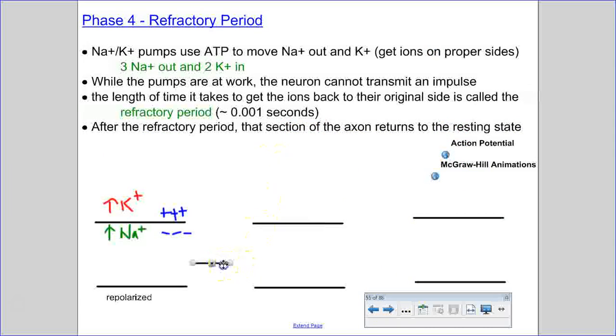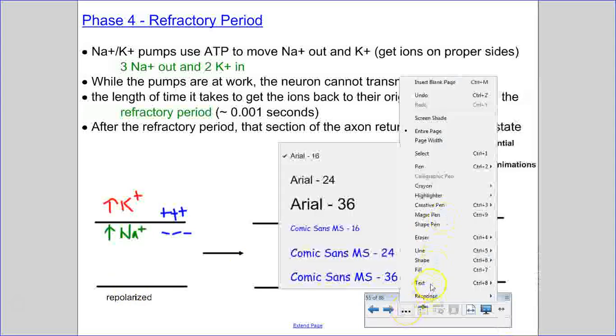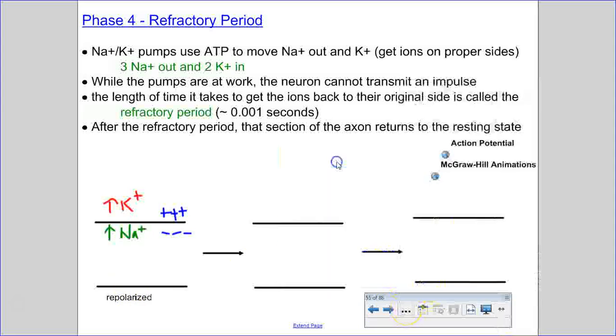Because in order for the next action potential to happen in that area, in order for it to get started, you need to have the sodiums on the outside and the potassiums on the inside. So to make it happen, you got it.